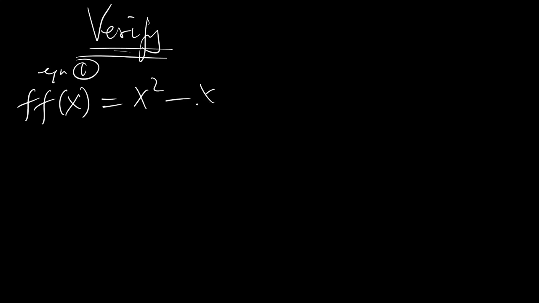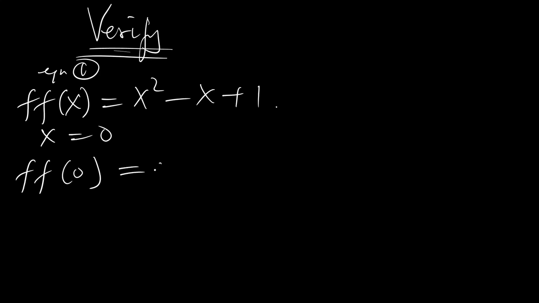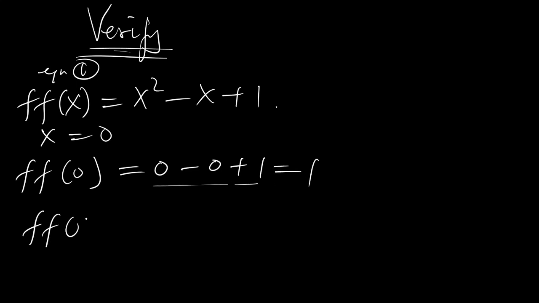Now we will verify with equation 1. Equation 1 is f of x equal to x squared minus x plus 1. When x is equal to 0, f of 0 is equal to 0 minus 0 plus 1, which is equal to 1. So f of 0 is equal to 1.